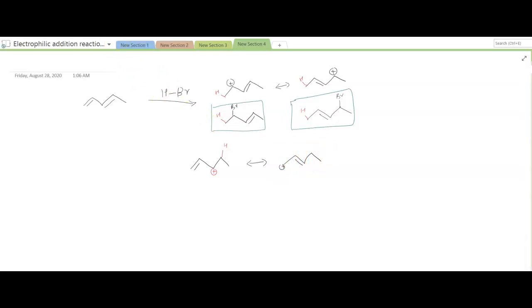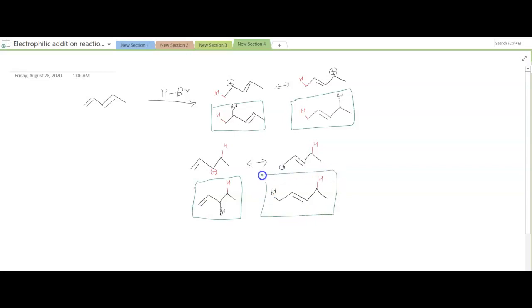My hydrogen is still at this position, and it results in the formation of two products again, which are Br at this end, hydrogen still over here, and Br at this end, and then we have the hydrogen over here. Okay, so we have four products with this unsymmetrical alkene again.